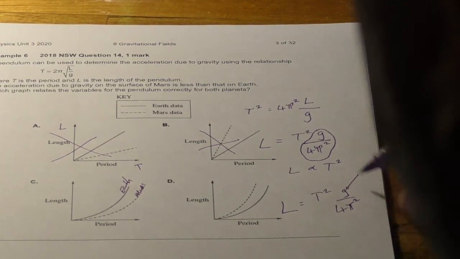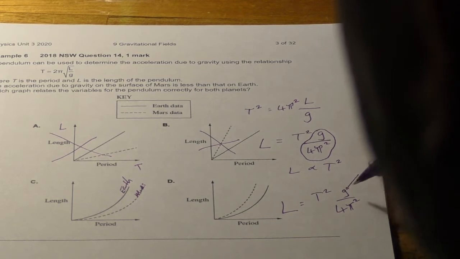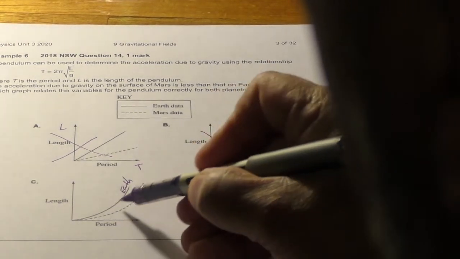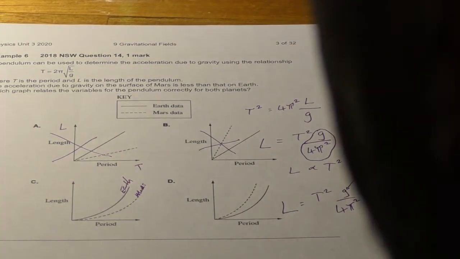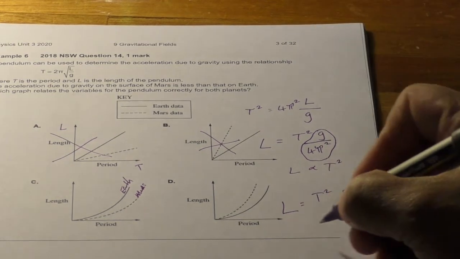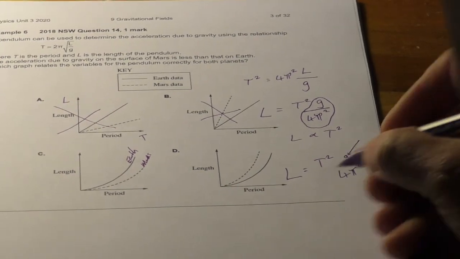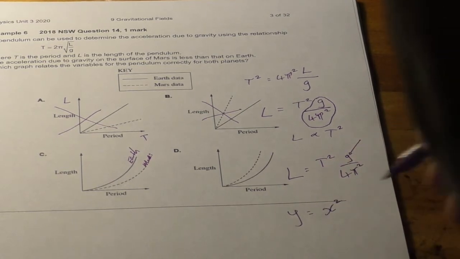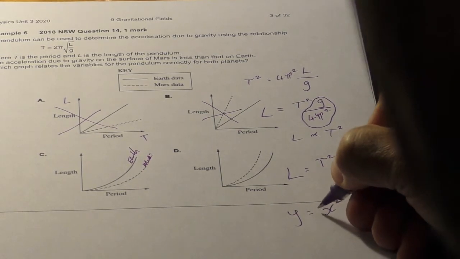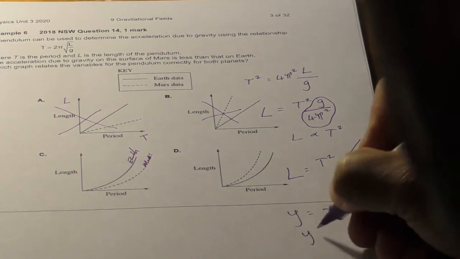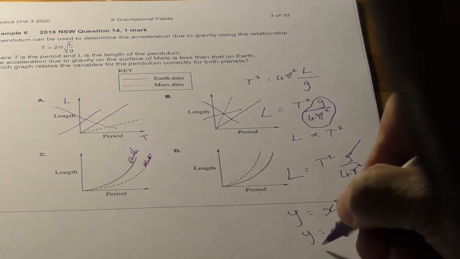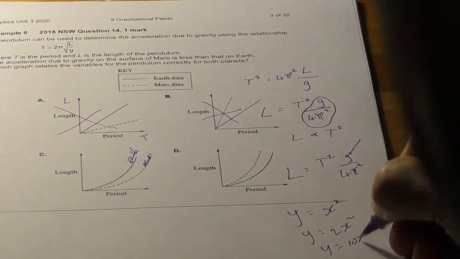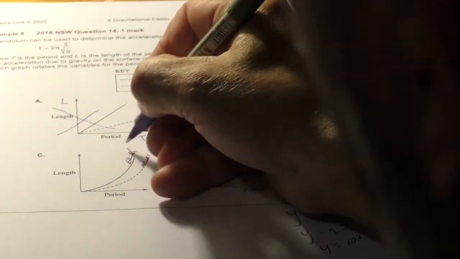So a bigger factor here, if you know your quadratics, means a sharper incline. Just like if you were looking at a y equals x squared graph, the bigger the coefficient is, say for example y equals 2x squared or y equals 10x squared, the sharper the climb is.